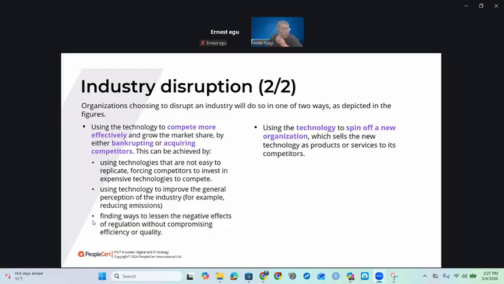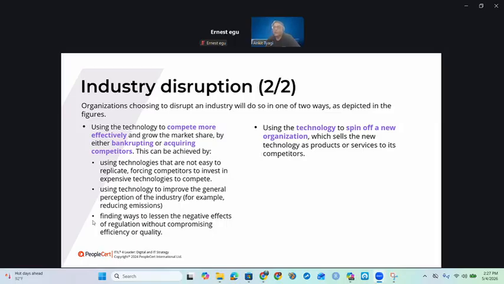So, of course, they can use this approach as well, either by bankrupting the competitors or by acquiring those competitors, using technology that is not easy to replicate, forcing competitors to invest in expensive technology to compete, using technology to improve the general perception of the industry, for example, reducing emissions, and finding ways to lessen the negative effect of the regulation without compromising efficiency or quality. So this can be one way of either acquiring or bankrupting its competitors.